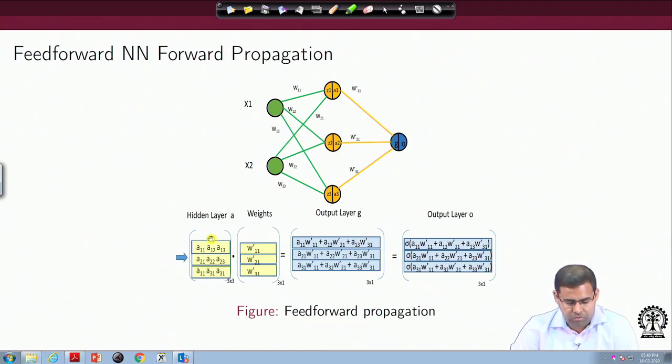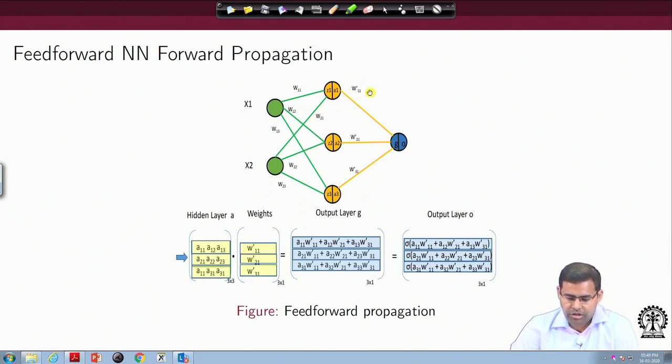So, here we have the hidden layer outputs, they are going to get multiplied by these weights of the synapses that connect the hidden layer to the output neuron here, and then what we have is these vectors of A11, A12, A13, and A21, A22, A23, and so this entire 3 cross 3 thing is getting multiplied with the corresponding weights here.